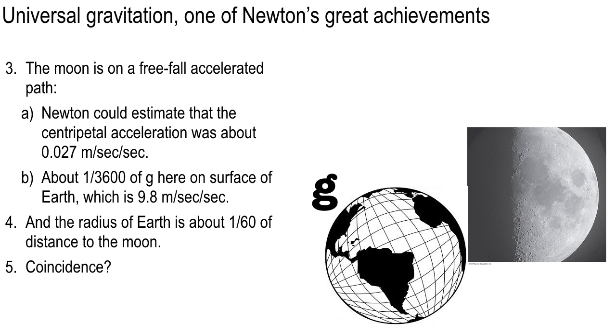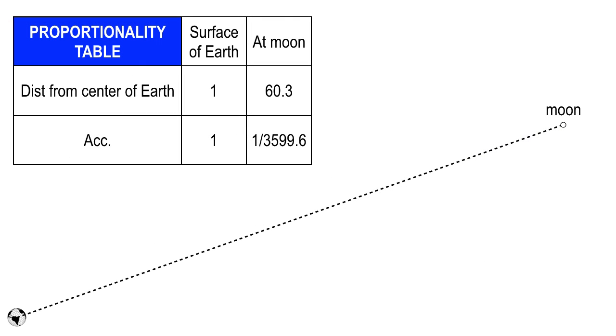Which it could have been, but Isaac Newton said, nope, I have an idea that that is not a coincidence. Here's another look at it. If you actually calculate the numbers, this is the proportions.